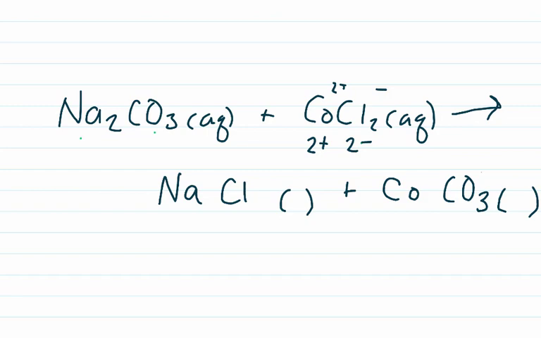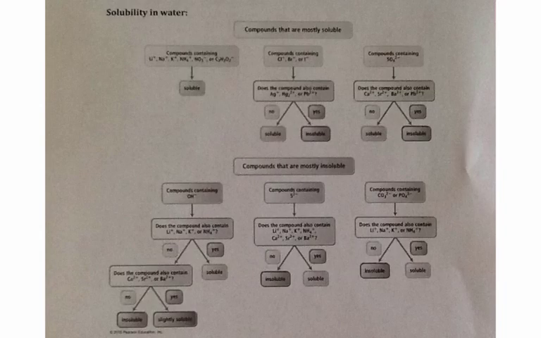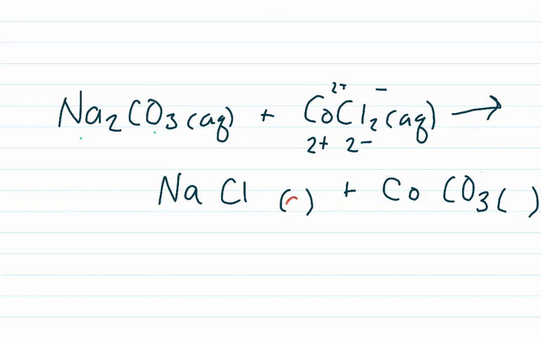Now we need to go look at the solubility chart to see if either one of these is insoluble. If we're looking for sodium chloride, sodium right here is always soluble, or chlorine is right here. It doesn't contain silver, mercury, or lead 2, which makes it soluble. So since it's soluble, we put aqueous as its state.